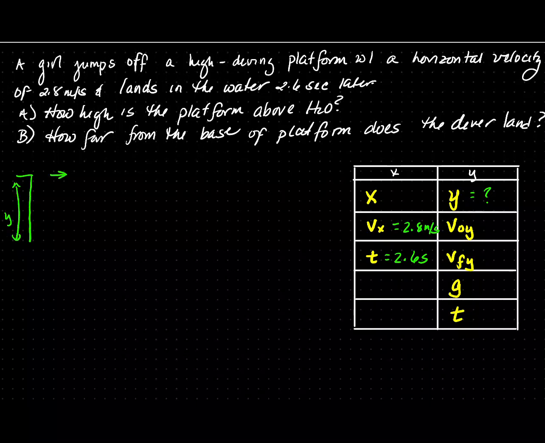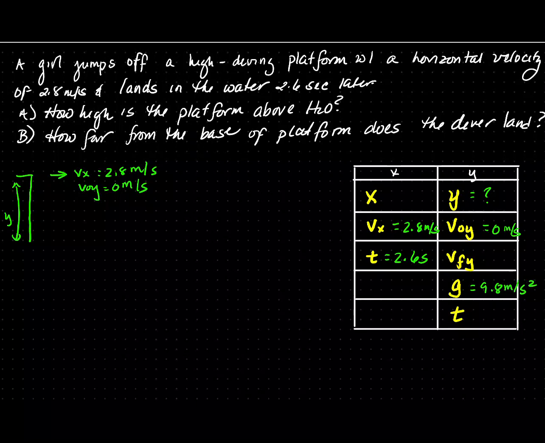She launches off with a Vx of 2.8 meters per second. Since she is going horizontally, my v naught y is equal to 0 meters per second. And since we are on Earth, we already know that gravity is 9.8 meters per second squared.